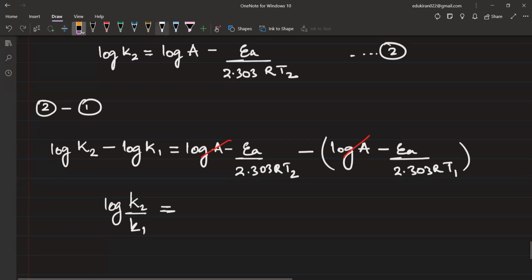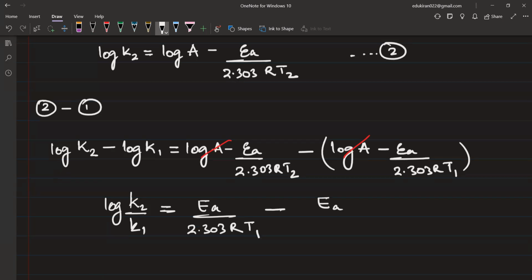Next, this is minus EA upon 2.303, so this will be in minus only, and this is going to get positive. So I can write EA upon 2.303 R of T1, because T1 is going to get positive, minus EA upon 2.303 R of T2.